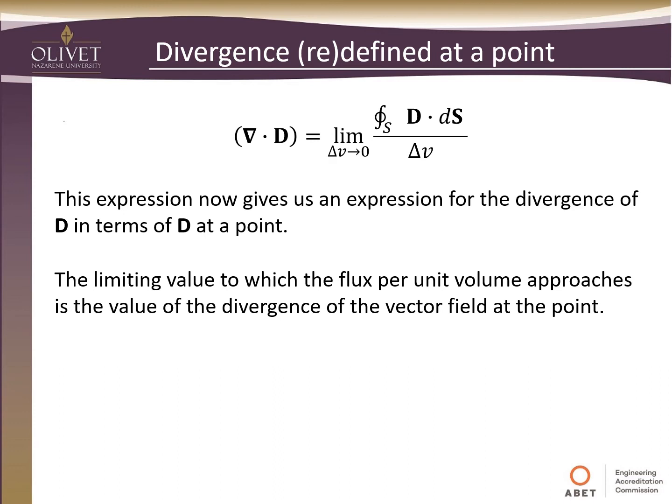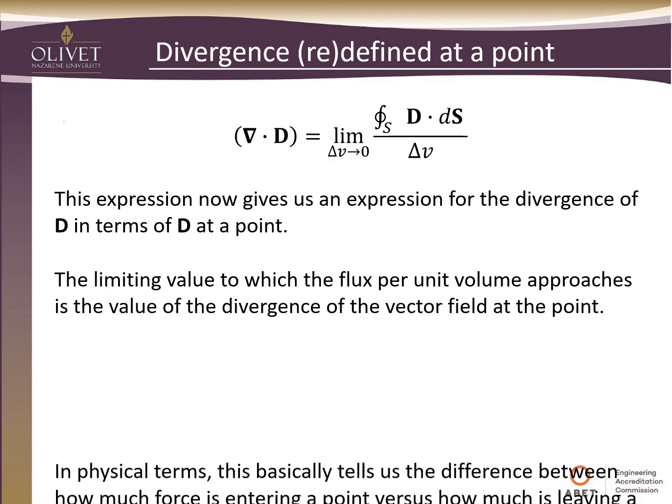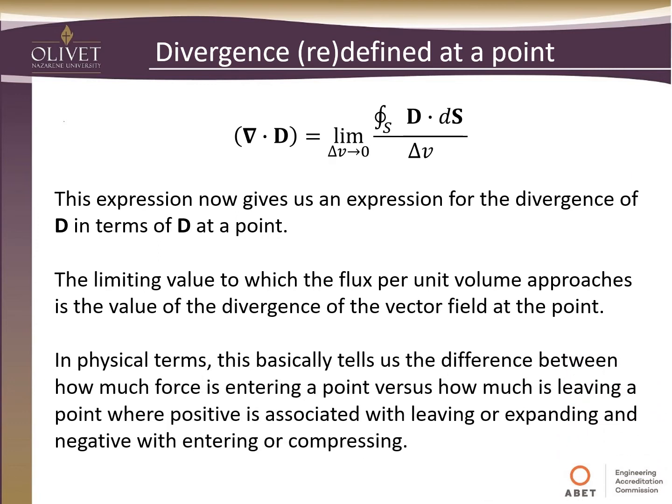The limiting value to which the flux per unit volume approaches is the value of the divergence of the vector field at that point. So we start to see a relationship there. In physical terms, this tells us the difference between how much force is entering a point versus how much is leaving a point, where positive is associated with leaving or expanding and negative with entering or compressing.